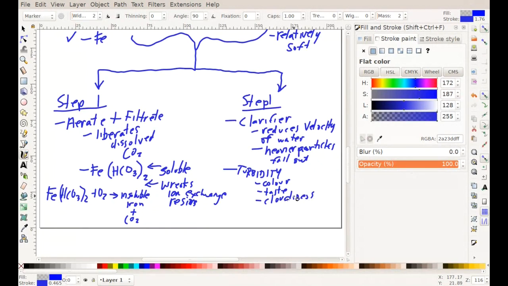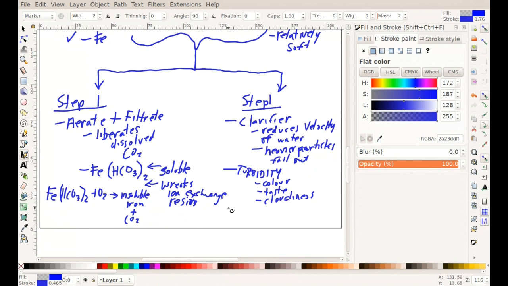Anything that gives the water sort of a cloudy appearance or a color hue to it. And the thing about turbidity is it's made of suspended matter that will deposit and plug up in our boiler. But it's not stuff that falls out on its own.